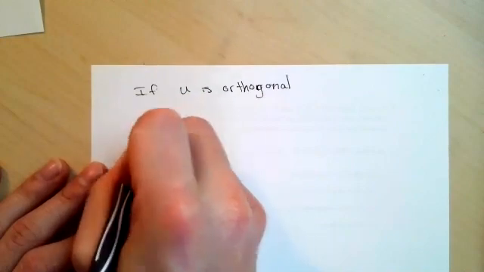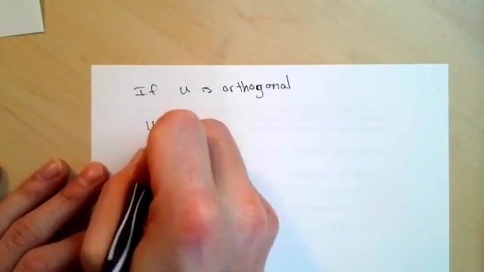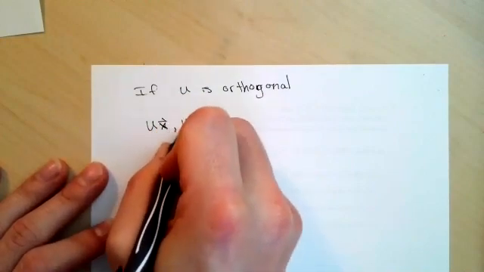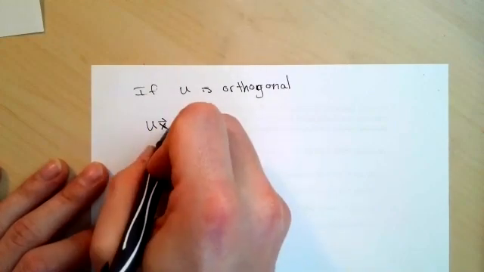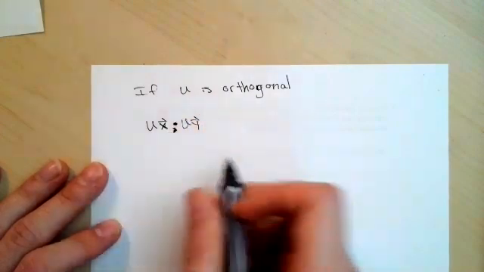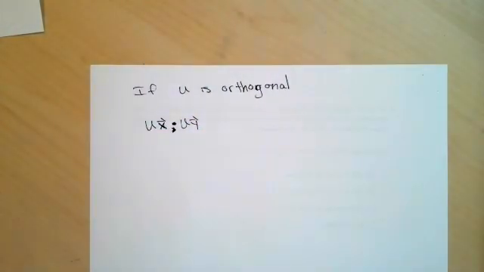Well, if we apply this transformation on two vectors, let's call them x and y, let's take the dot product of these two vectors. So x and y have some dot product, and that dot product is going to determine the angle between them.